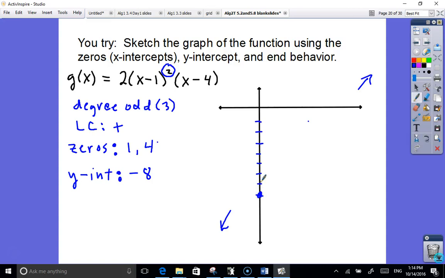Negative 8, 1, 2, 3, 4. 0, 0, 1, and 4. And we know that at 1, it should bounce off the x-axis and stay on the same side. So it should be doing this. It goes through the y-intercept, off of the 0, down to some degree, and then up again.